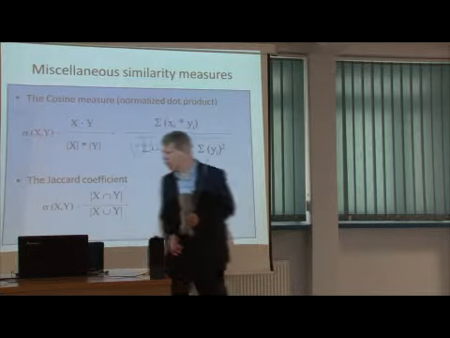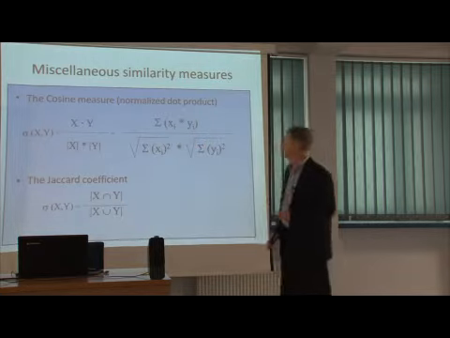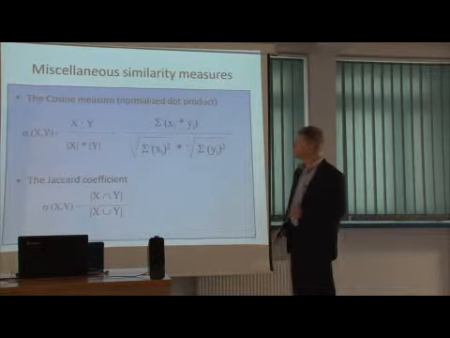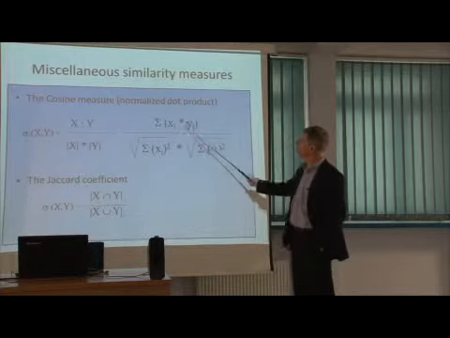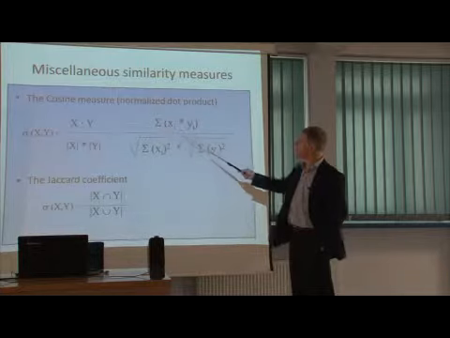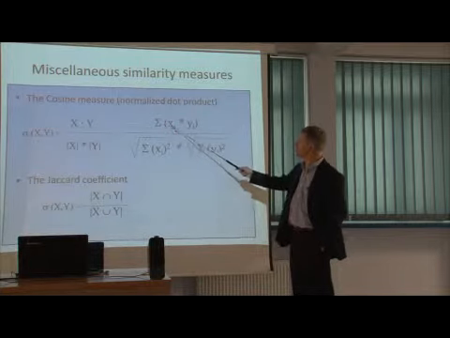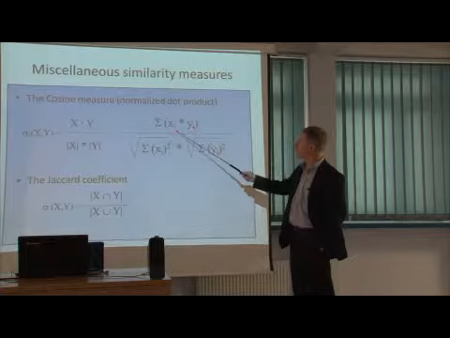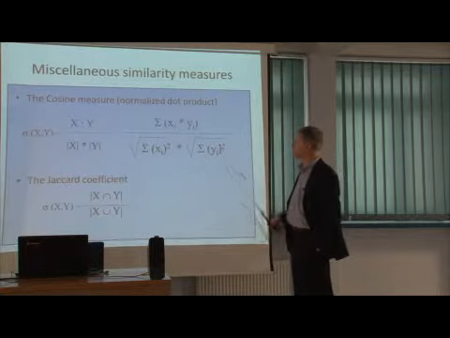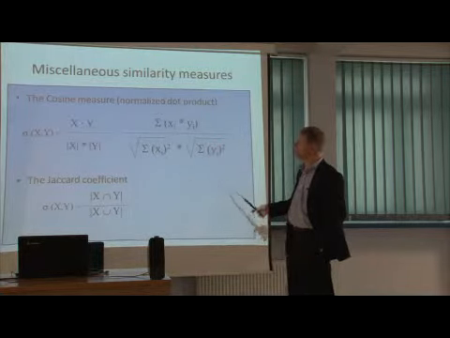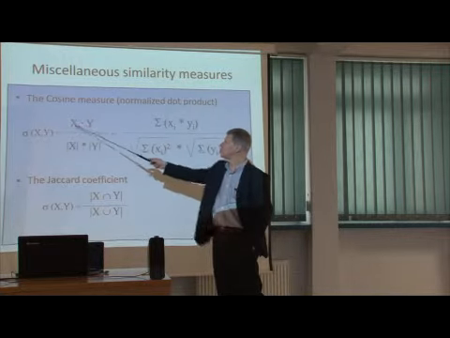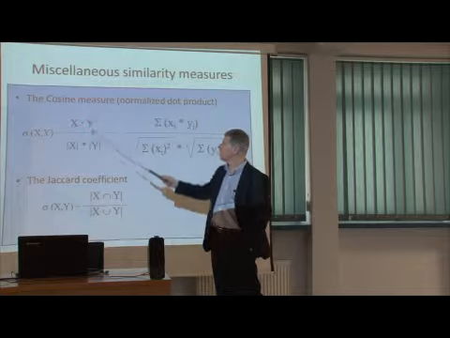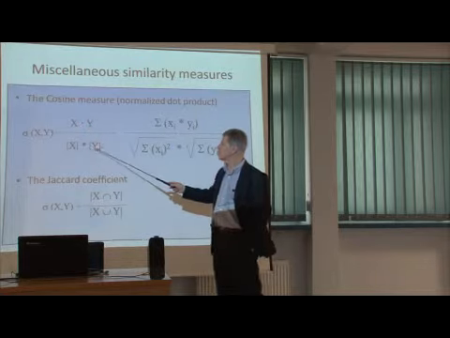So for instance, here we have some measures of similarity. In this case, we have the cosine measure, which is defined as the inner product of two vectors divided by the product of their lengths. Here, this is the coordinate-wise product of x times y, and this is the product of their lengths.